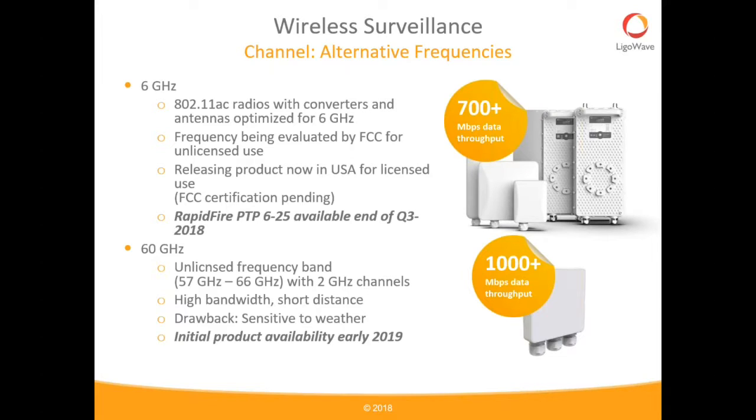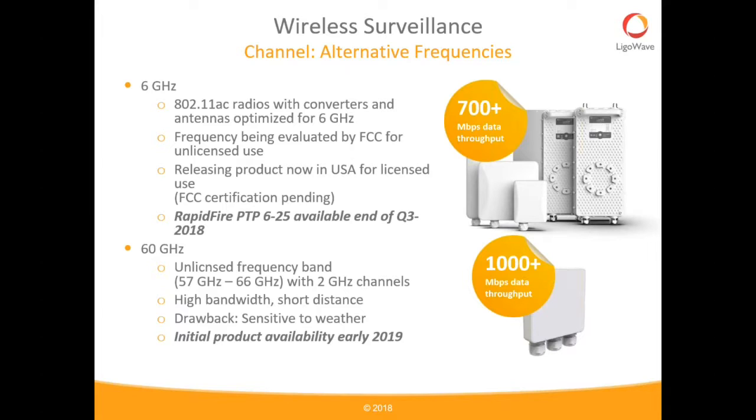Now, one of the trends that we're seeing in wireless surveillance is a shift to alternate frequencies. That's mainly because the reason that everybody went to 5 gigahertz was because 2.4 gigahertz was saturated with Wi-Fi. Well, guess what? Now 5 gigahertz is also saturated with Wi-Fi. So there's a lot of interest in some new alternative frequencies, including 6 gigahertz, as I mentioned.